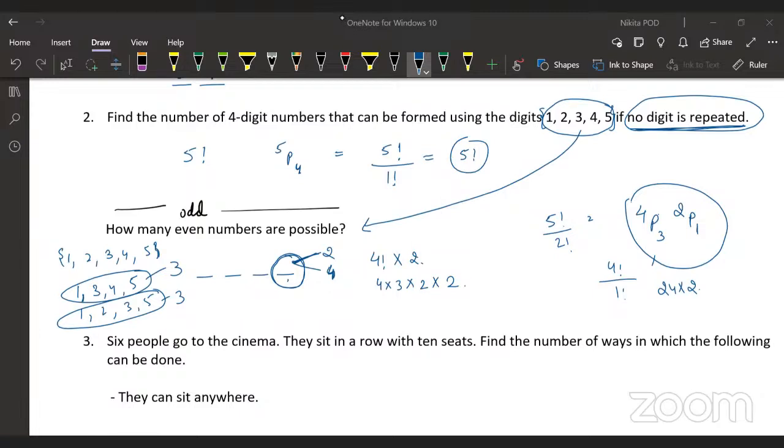Anyone else? 4p3 into 3p1 into 3. 60. Ma'am, 4p3 into 3p1 into 3... No, it would be 4p3 into 3p1, into 3p1. That would be right. So it is 72. Yes, 72.